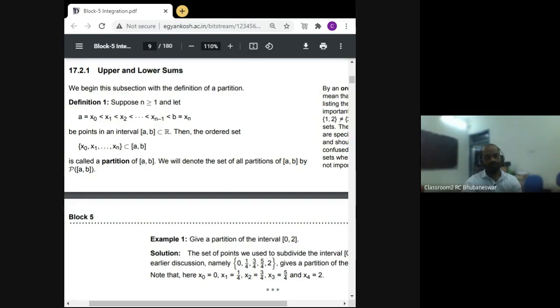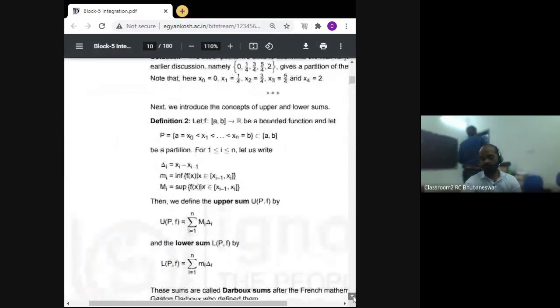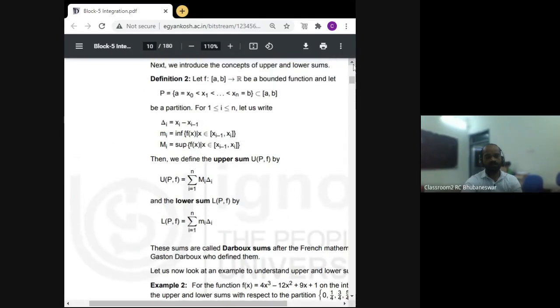This definition will help us define the upper sums and lower sums of a function in a certain interval. Now let us move to the definition of upper sum and lower sum, also known as Darboux sums.